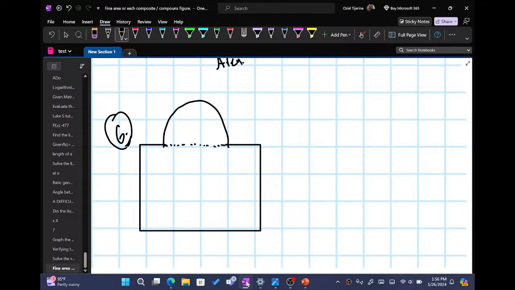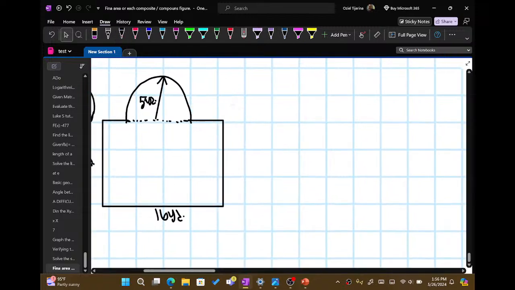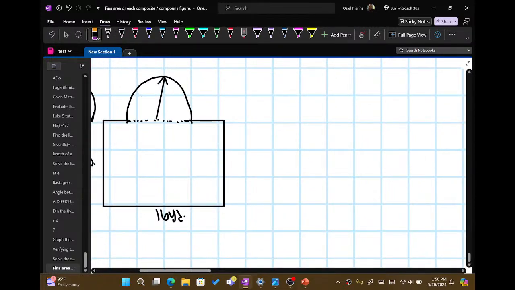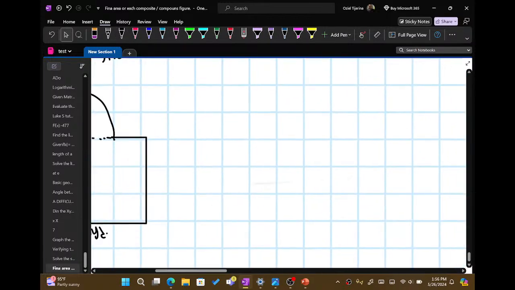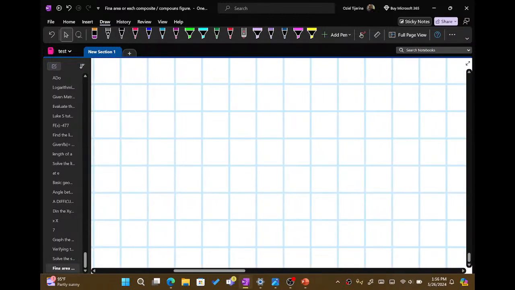Now what we're given is that this portion here is 5 yards. And then they're saying that this is 12 yards and this is 16 yards. Now, let me rewrite that. There we go. Now, let's look at the half circle again, guys. This is a half circle.